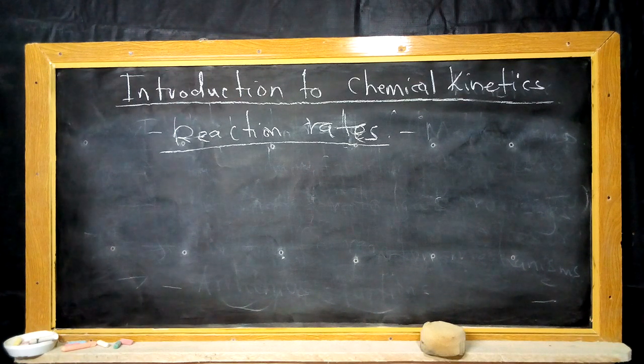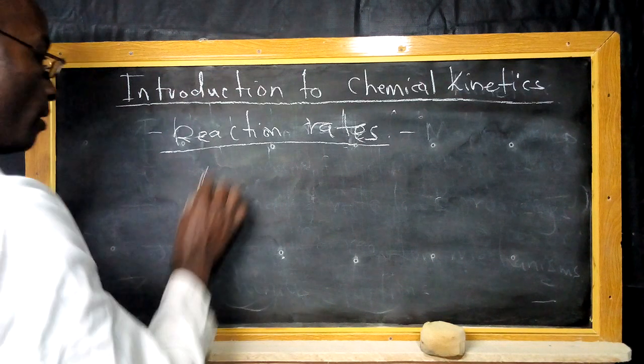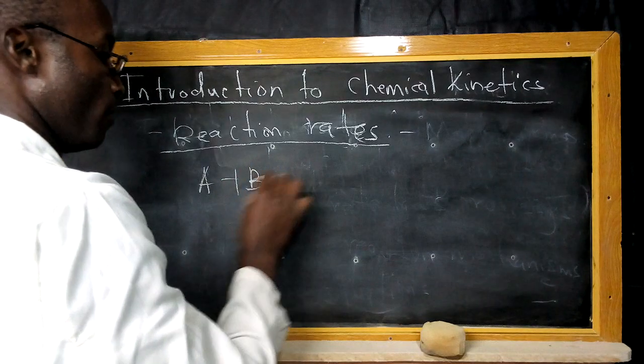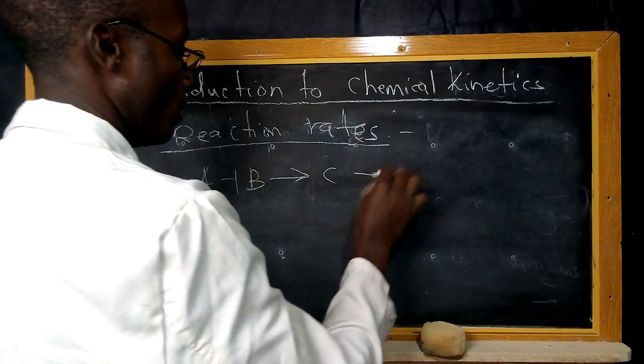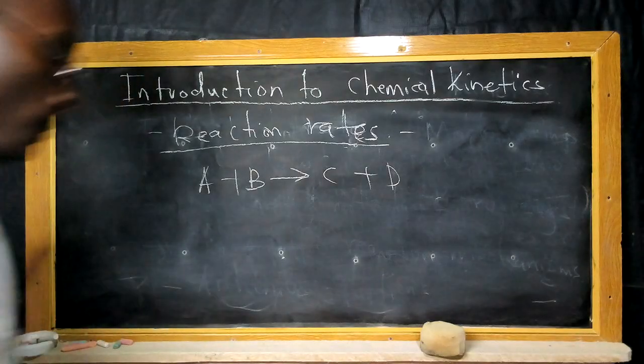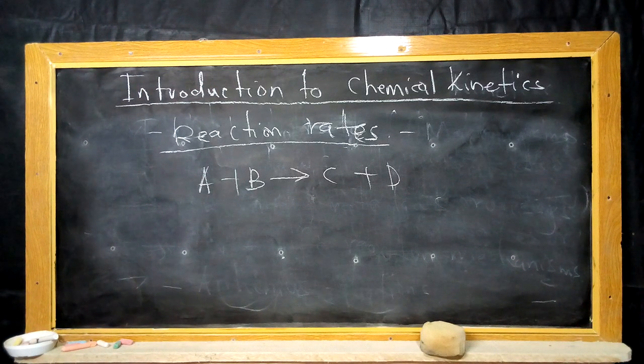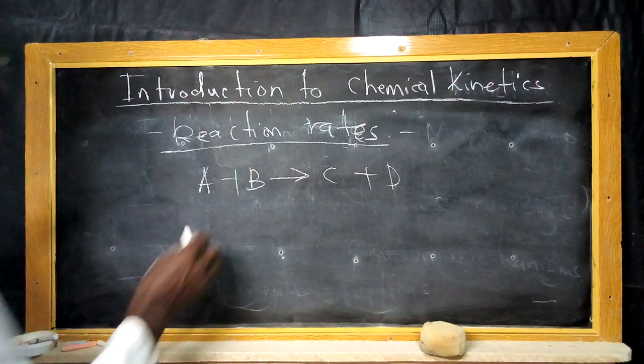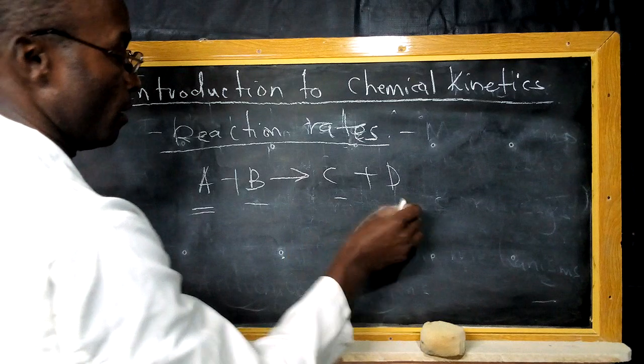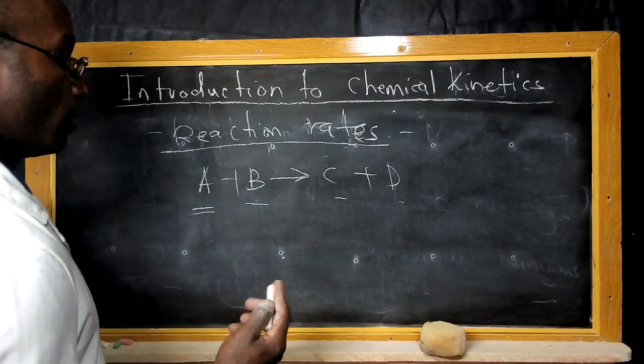So in this case, as we said, when we gave a general formula for a reaction, A is reacting with B to form products C and D, then we have specific notations that we are going to use for concentrations of different substances, of the products and the reactants.